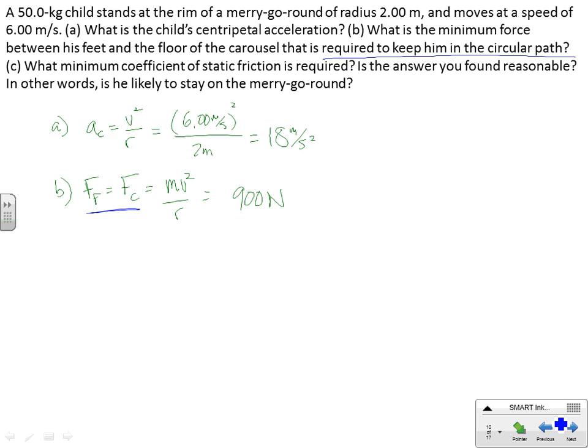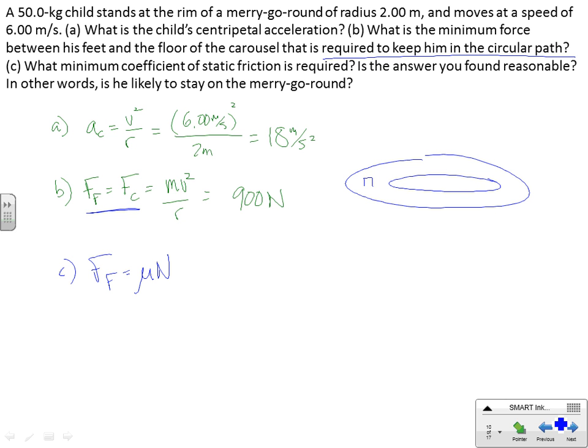What minimum coefficient of friction is required? Let's see. So that sounds like, that's the only equation I know with coefficient of friction. And here, you know, here's sort of our end-on view of the merry-go-round. Here's the kid. Forces we can draw. We can say this is mg. That's normal.